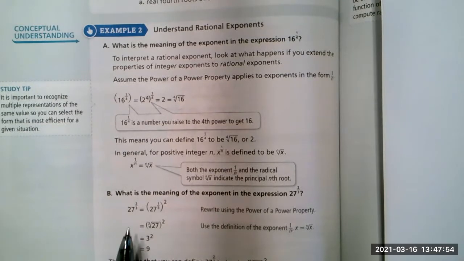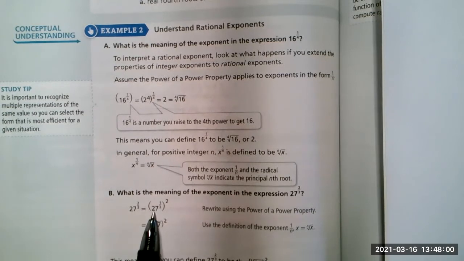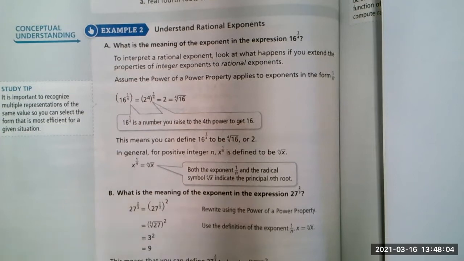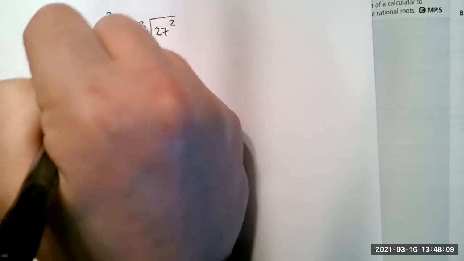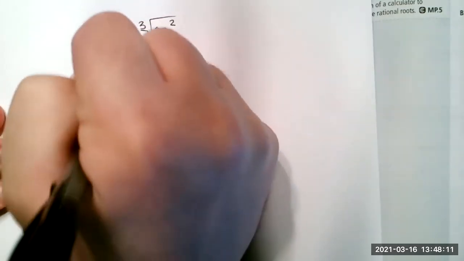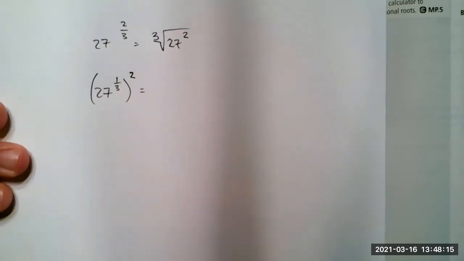So they're saying that 27 to the 2/3 power is the same thing as 27 to the 1/3 power raised to the 2nd power. Keep in mind, 27 to the 1/3 power squared. This is called the power to a power rule.